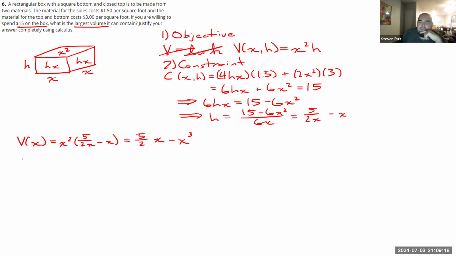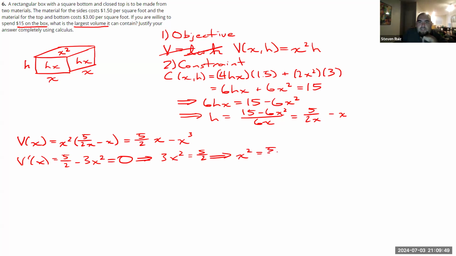So now I want to find a maximum. I have a differentiable function, so my maximum will likely come from the first derivative. So V prime of x equals what? 5 halves minus 3x squared. I'm going to set that equal to 0 and solve. So I get 3x squared equals 5 halves, or x squared equals 5 over 6.